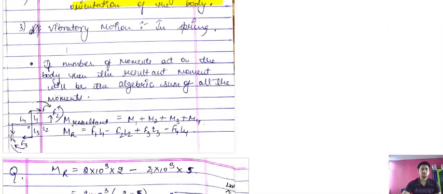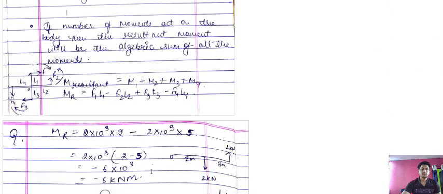Okay, when we are talking about moments, if a body has two or three, or any number of moments applied, we need to calculate the resultant moment. If a number of moments act on the body, then the resultant moment will be the algebraic sum of all the moments.